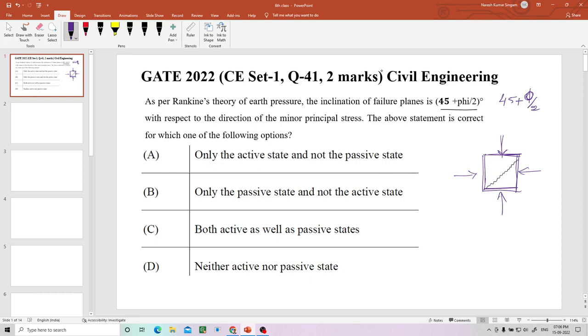That means this total part of the soil sample goes down or up. If it is going down, that means this total part will go up. That means the failure is happening along this plane. So the angle of inclination of the failure plane may be with vertical.